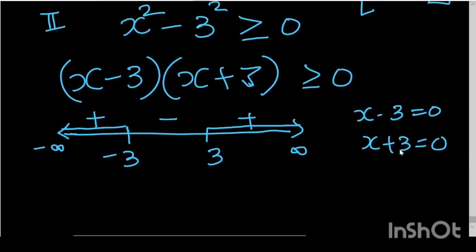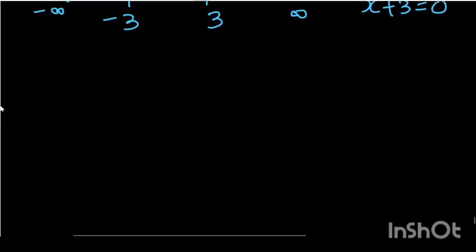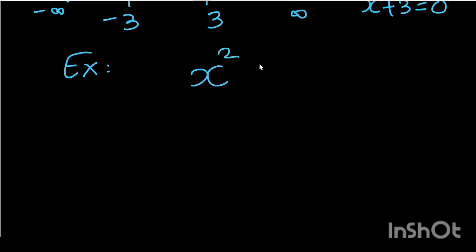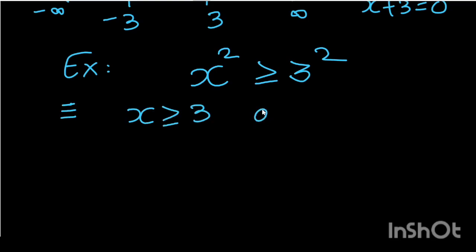So guys, our discussion for this example, x square greater than equal to 3 square, finally concluded that x is greater than equal to 3 or x is less than equal to minus 3, guys.